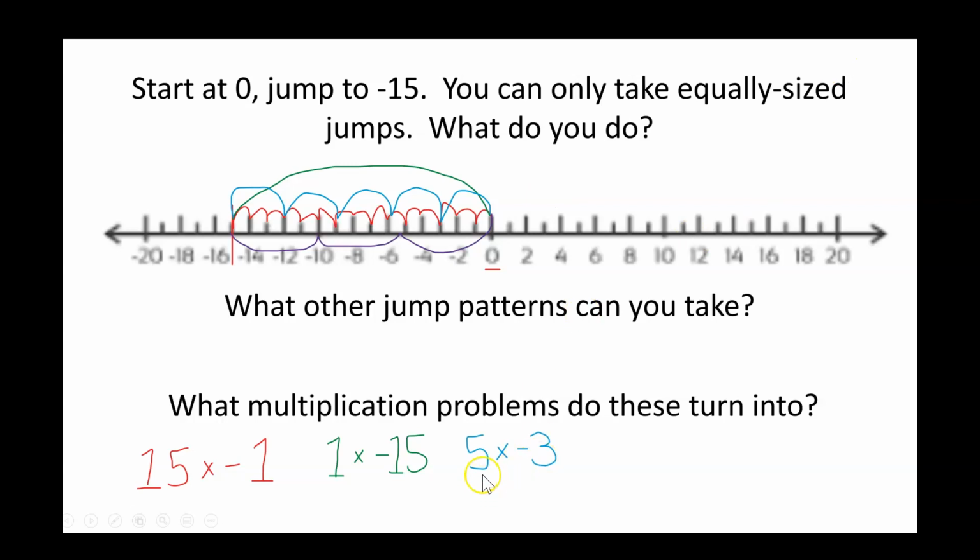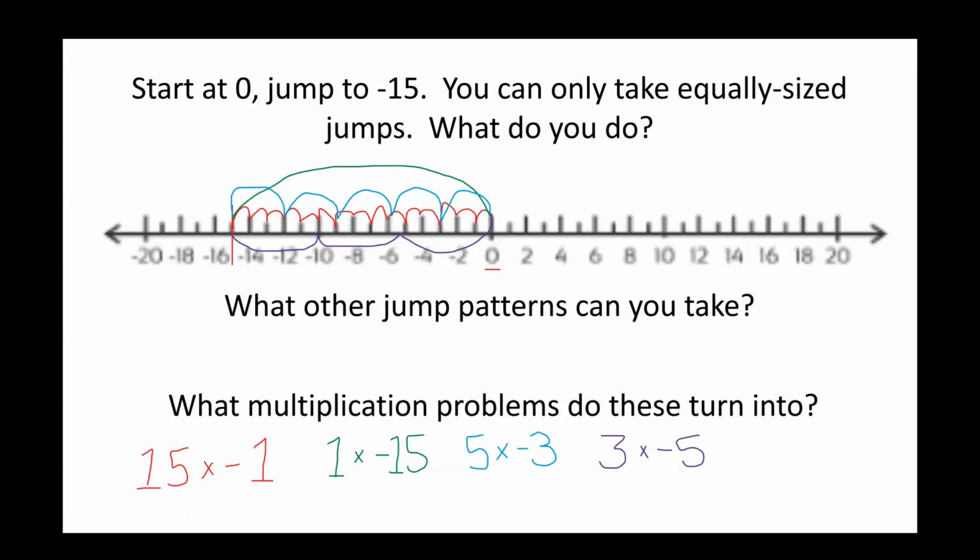In blue, we took 5 jumps, each of them covering -3. And in purple, we took 3 jumps, each covering a distance of -5. Notice that all 4 of these problems will give us the same answer, -15, because these negative signs indicate that we are moving to the left in the negative direction.